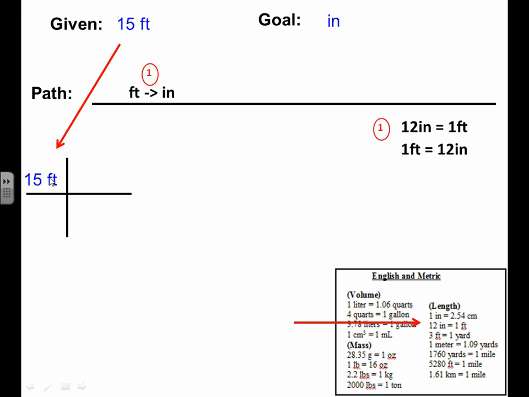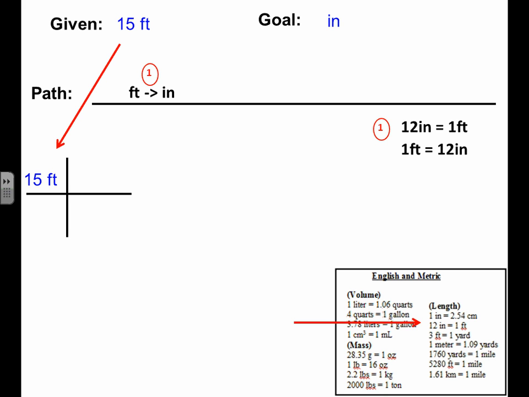Then all you're ever doing for your conversions, or for these additional sets of tracks, is bringing in these conversions. Down here below this, for now you will not write anything below. If you had like 15 feet per second or something, the seconds would go on bottom. But again, you'll see that in upcoming units. So right now what we want to do is remember the process that you just did of canceling out.